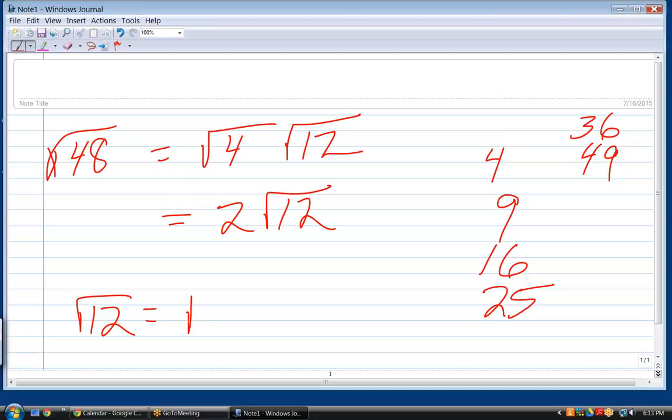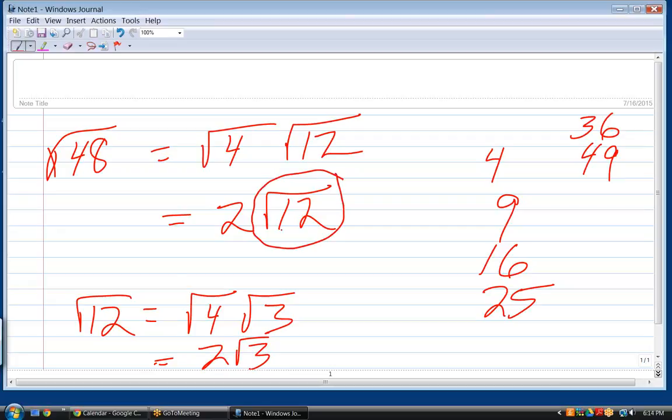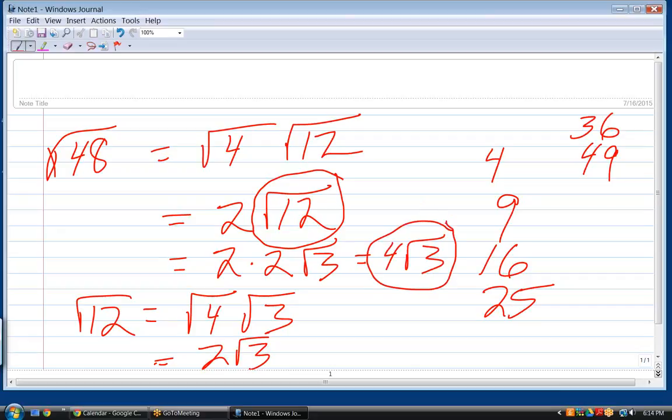Okay, so that's the square root of 4 times the square root of 3, which is 2 root 3. So instead of this root 12, I want to write 2 root 3. So it's 2 times 2 root 3, which now becomes 4 root 3. So this is what the square root of 48 is equal to.